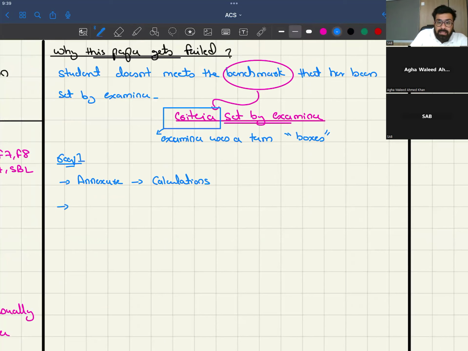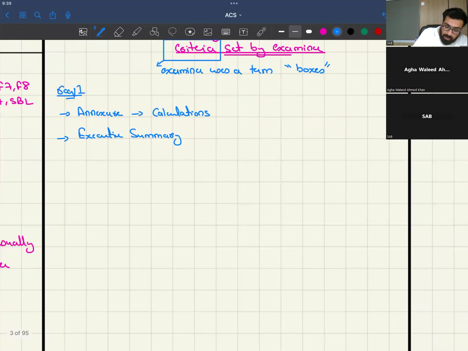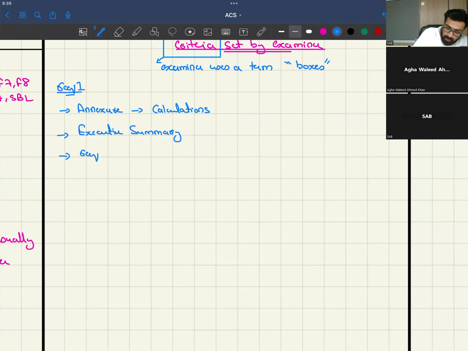Then there will be an executive summary of the requirement, and then the requirement analysis that you have attempted.